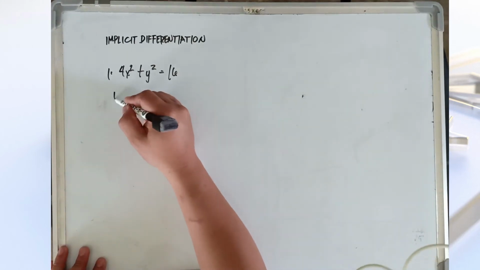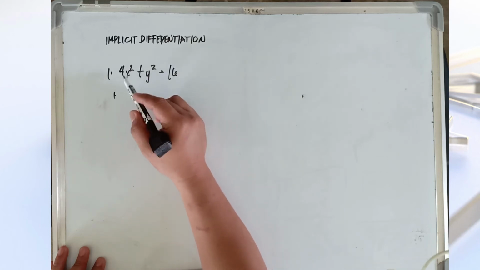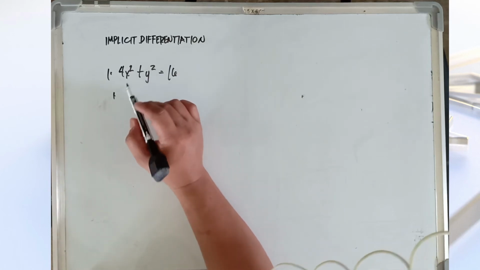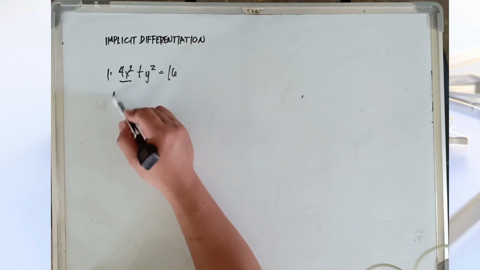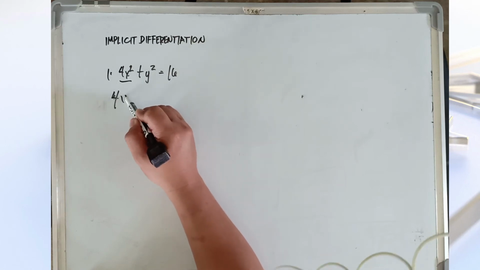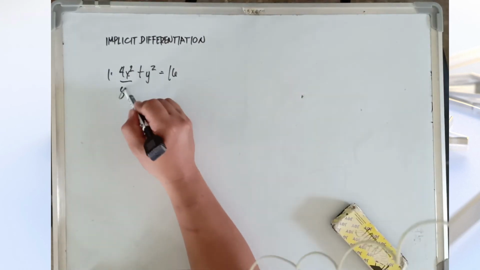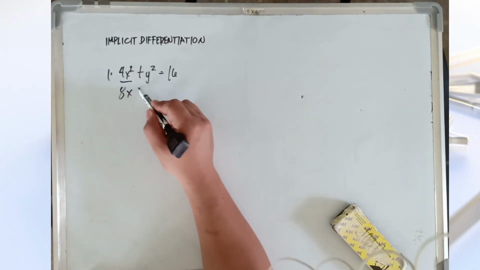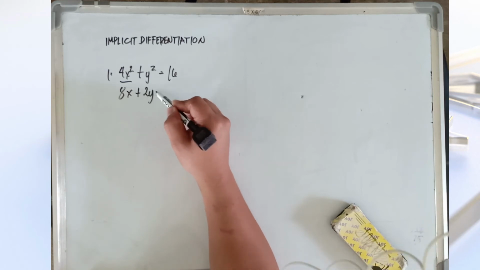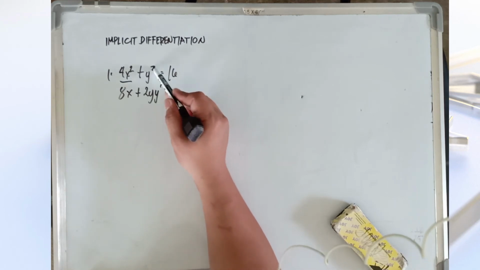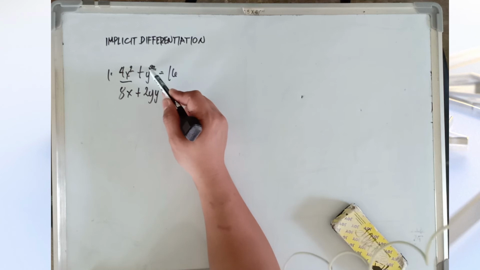So for step number 1, we need to get the derivative of each term. Derivative of this, 8x, I'm sorry. So this will be 8x plus 2y y prime. So let's use the chain rule or the power rule.